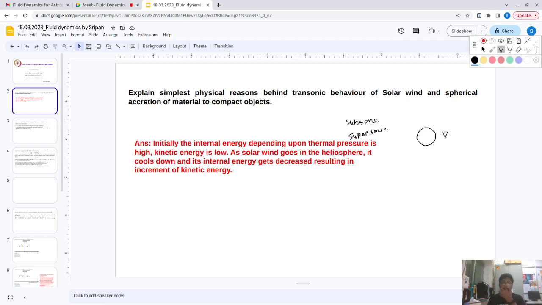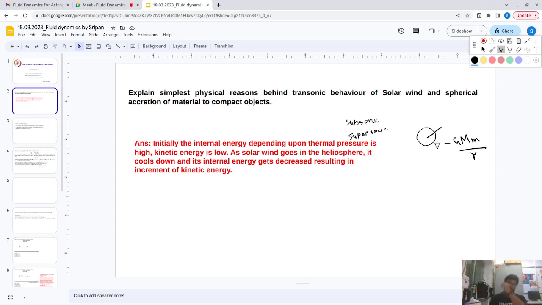So now the gravitational energy is given by minus GMm by r, right? Now r is the distance from this core to the material which is getting accreted, right?